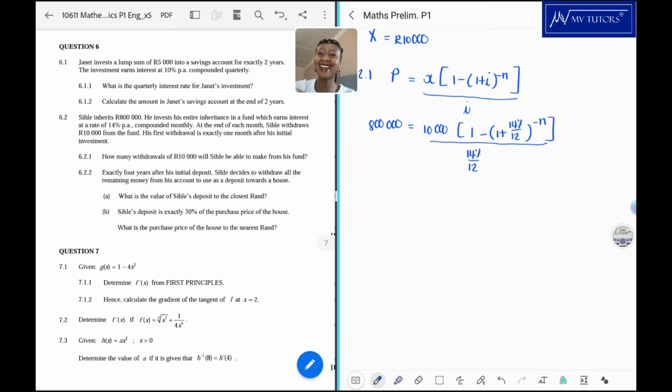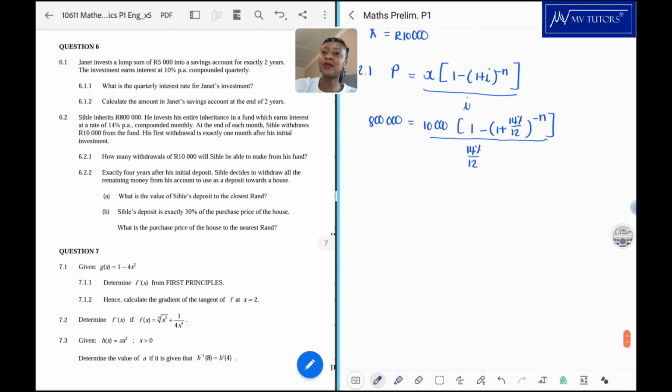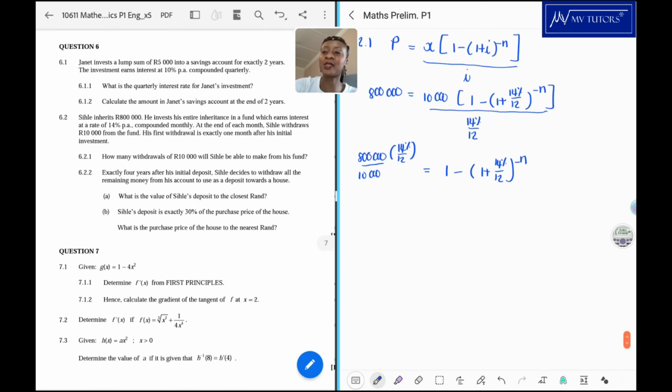Let us see. So I have 800,000 divided by the 10,000 multiplied by the 14% over 12, which is then equal to 1 minus 1 plus 14% over 12 to the power negative N. So now I'm going to do everything in one go, and hopefully that turns out fine.